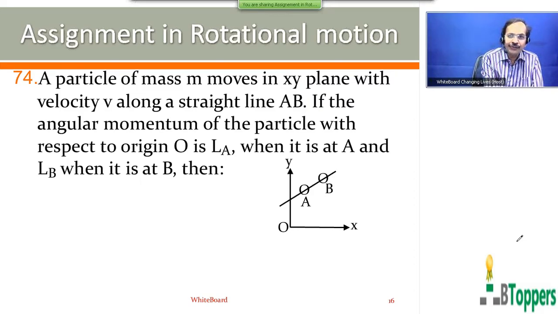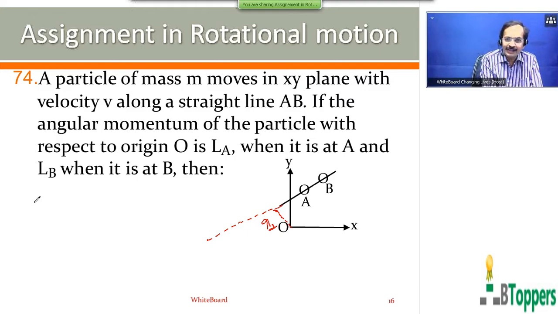So in general, when a particle moves with a constant velocity in the xy plane, then the magnitude of the angular momentum of the particle with respect to the origin remains constant, because the perpendicular distance between the direction of the motion of the particle and the origin O, denoted by r perpendicular, will remain constant.